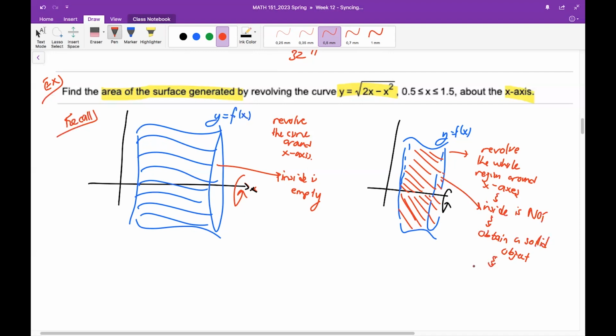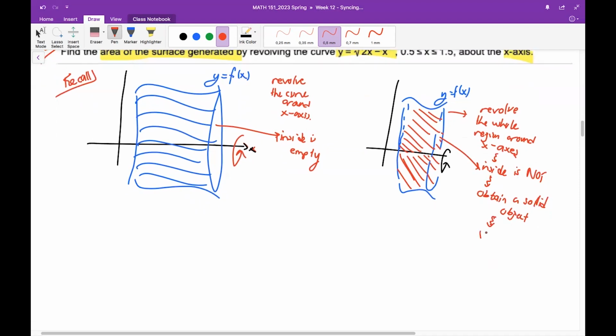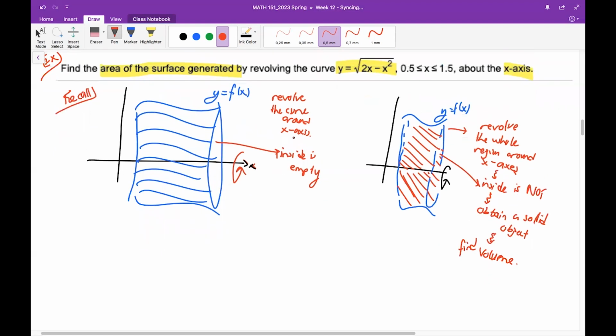So we were talking about finding the volumes last week. But here, inside is empty. We just have the surface area of it. The whole inside part is empty. We can talk about the surface area, so we will compute the surface area here.